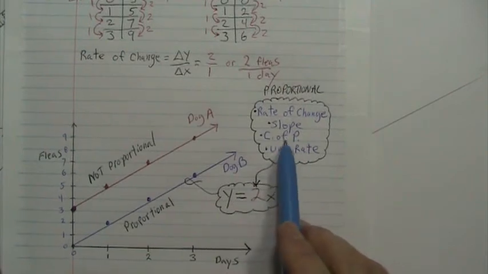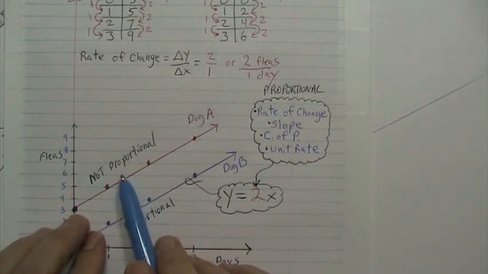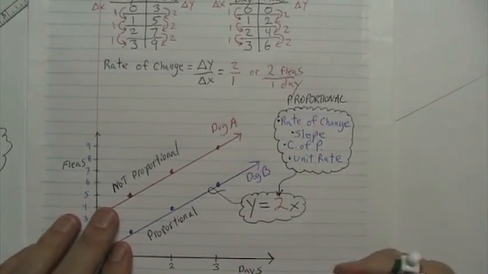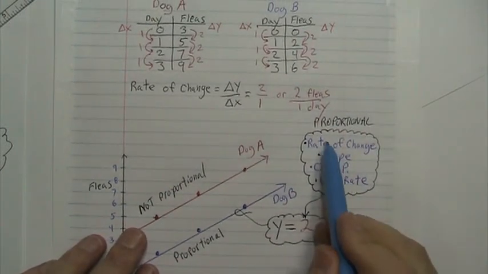But you know what? You can't use all those words if it's not proportional. No. They only use 2 of those words. They are rate of change and slope.